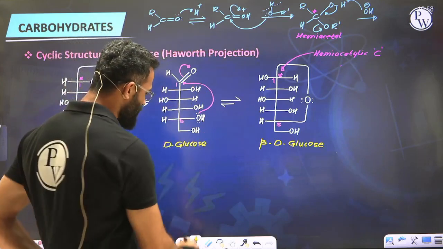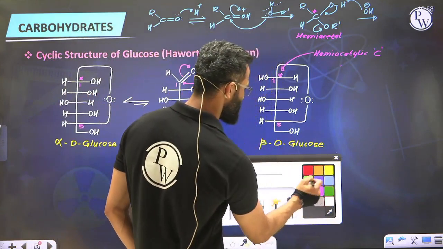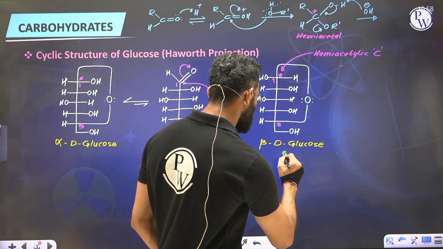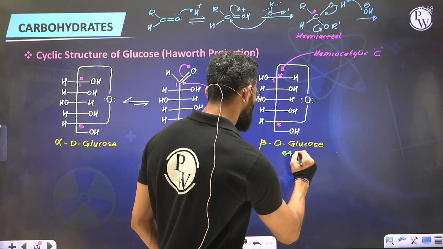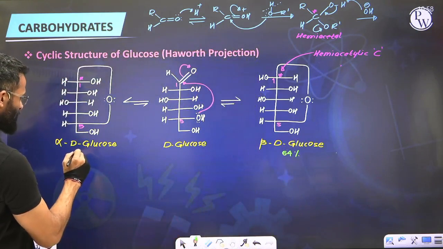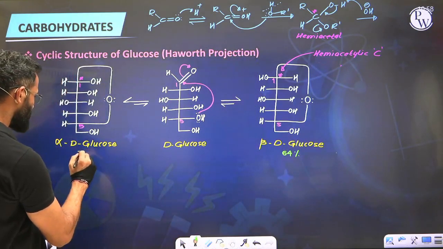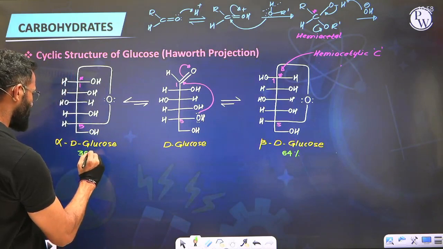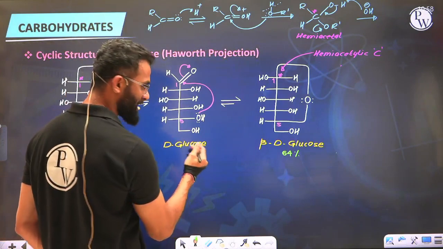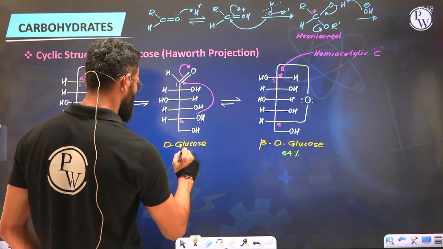Experimentally, if you find, you will realize that beta D glucose exists almost 64%, whereas the alpha form exists, precisely, at 35.98%, which you can simply call almost 36%. And this, like I said, is a negligible amount, 0.02%.